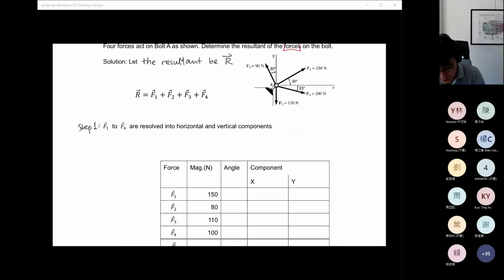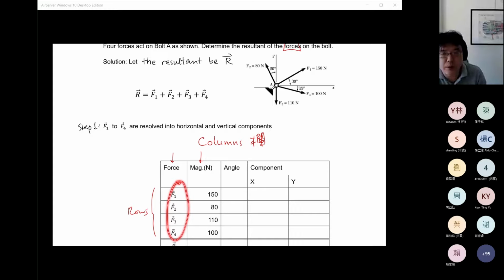These are columns, and these are rows. The first column, we write down the symbols, the name of the force. The second column we write down the magnitudes. The third column we write down the angles.